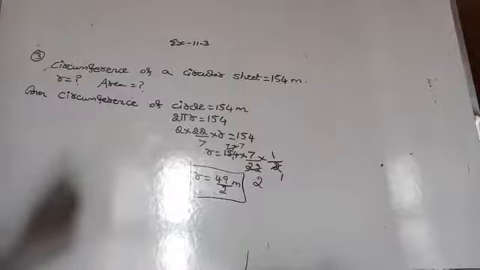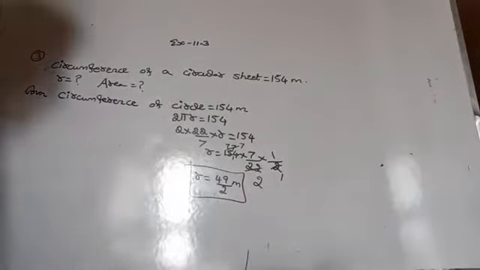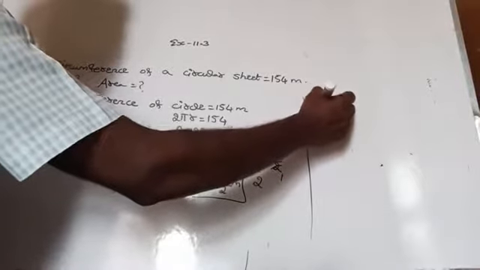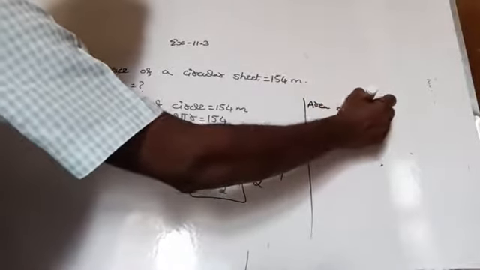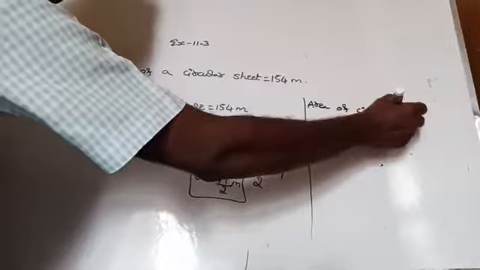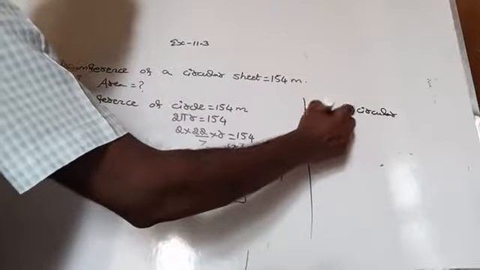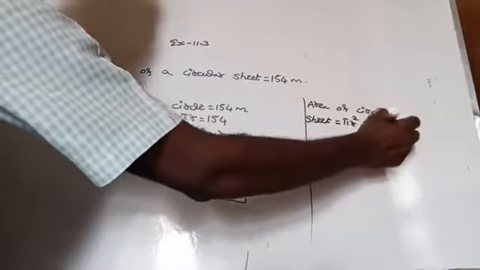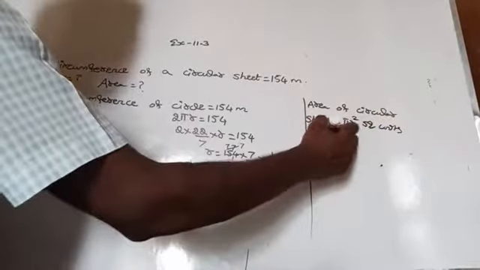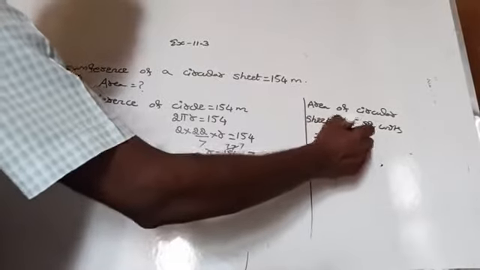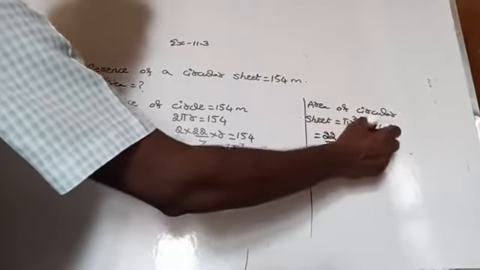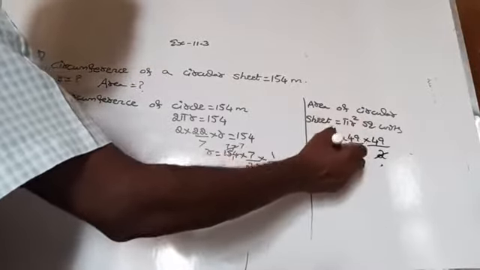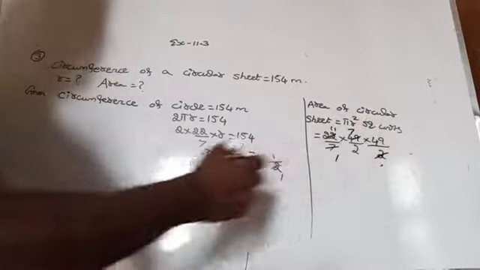Now what do you have to find? They asked us to find the area of the sheet also. So the area of a circular sheet is equal to pi r square units. That means 22 by 7. What is the radius? 49 by 2 into 49 by 2. 1 2 is 2, 11 2s are 22. 1 7 is 7, 7 7s are 49.